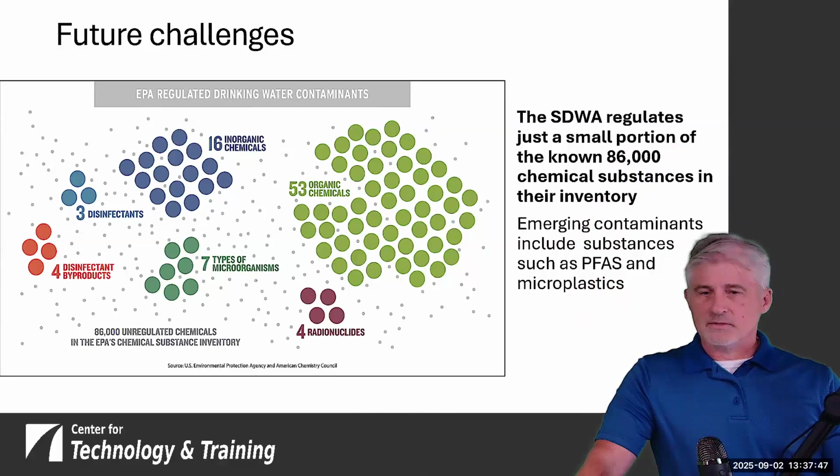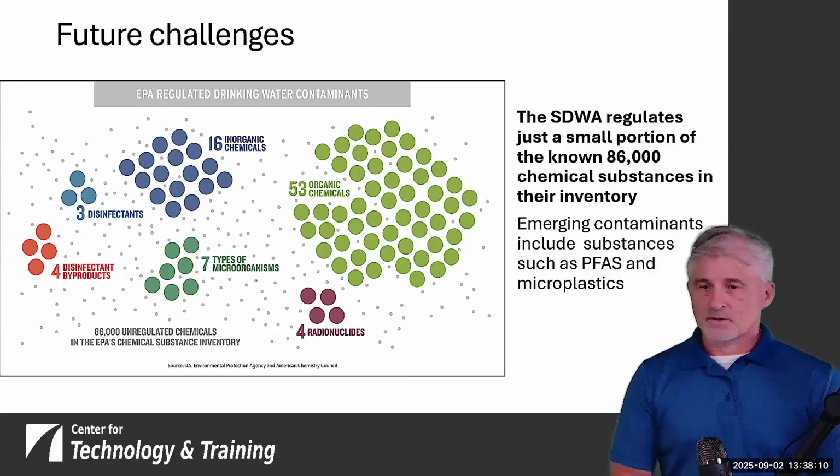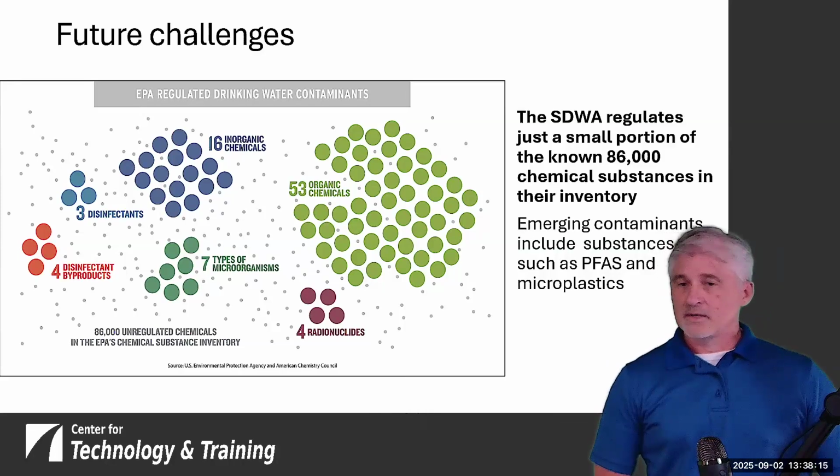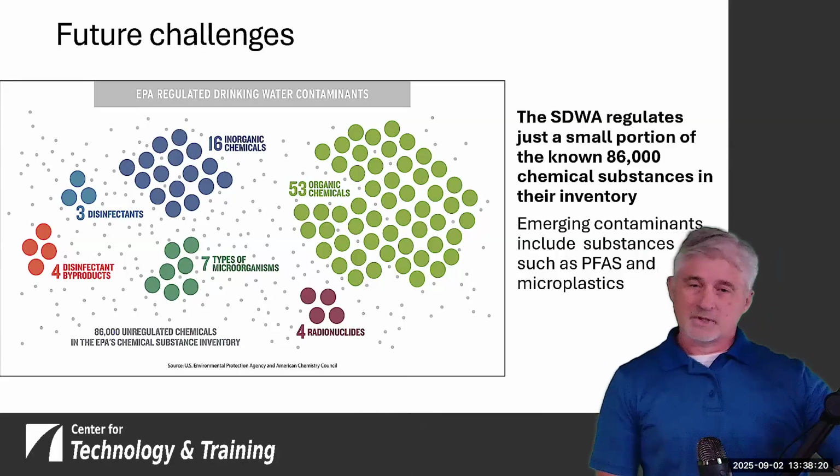It's gotten to the point where EPA, I believe, and many of the states have people dedicated to the idea of these emerging contaminants, and their job is to keep an eye on and follow and make sure that they're aware of what the next thing coming is, because we have to figure out how to treat for them, or how to take them out of the equation before they get there. So if we're doing it in our watershed, or as part of our treatment, or in the distribution system.